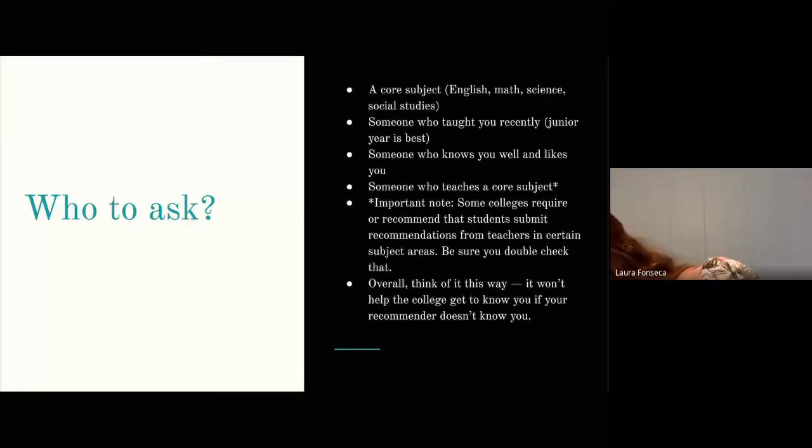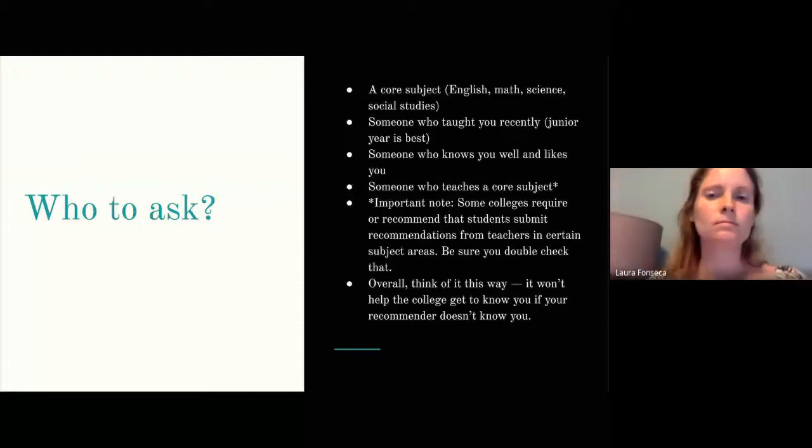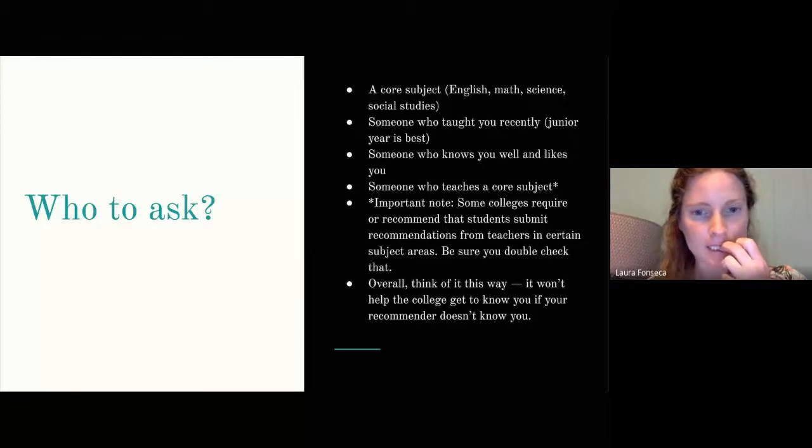You really do not want to go much earlier than that. If you have somebody outstanding from sophomore year and you've kept in touch with them, there could be maybe a time where that would work, but it's usually going to be somebody from your junior year. And senior year doesn't work because you really just haven't gotten to know your senior teachers, right? By the time you submit college applications. Now, there could be a unique situation there too, but typically it's going to be your junior year.